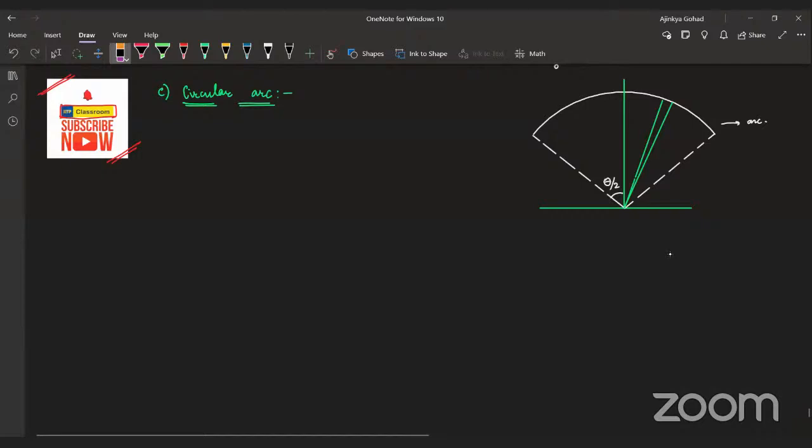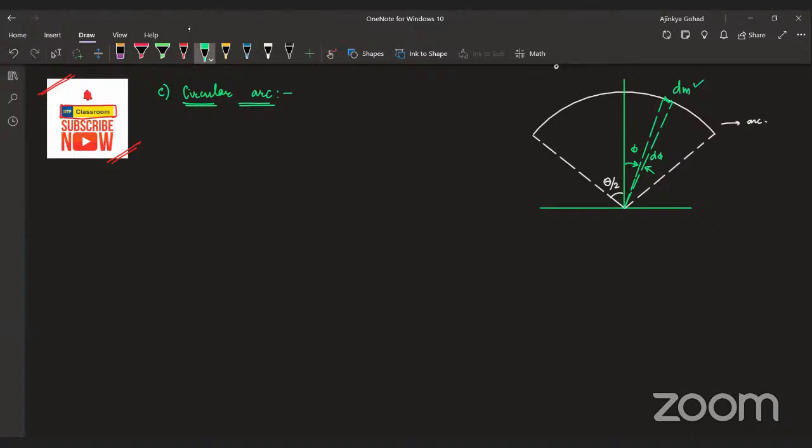I've chosen the mass element which lies between these two lines. What I've chosen is at an angle phi from here and thickness d phi. I've chosen some mass element here, which is dm.